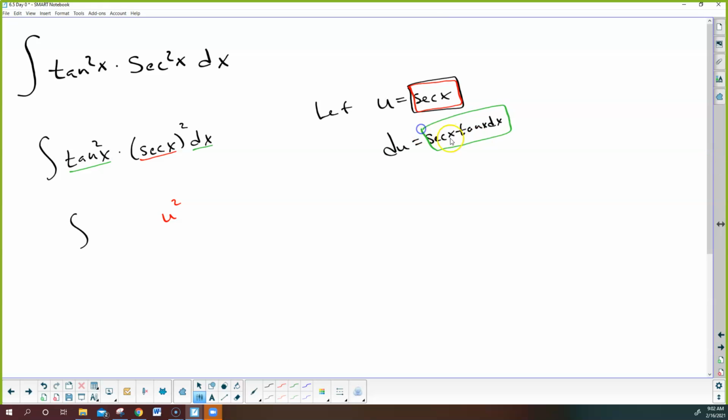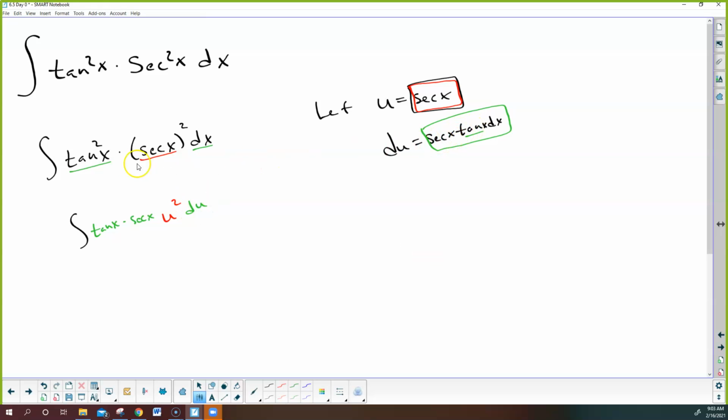And notice, secant tangent x doesn't exactly replace this, right? This tangent would replace one of these, and this dx would replace it, but I would have a tangent x left over, and then I would have a secant, and then I would have a du.